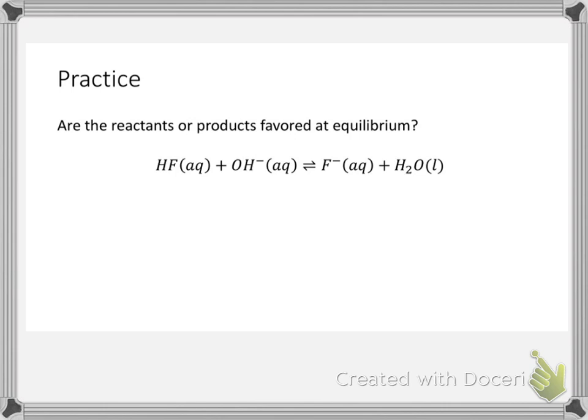So it says, are the reactants or products favored at equilibrium? The first thing you're going to do if you get this question is figure out who's the acid, who's the base, who's the conjugate acid, who's the conjugate base. So remember, don't follow the hydrogens. I know these two are partners because they both have fluorine. And I know that these two are partners because they both have oxygen.